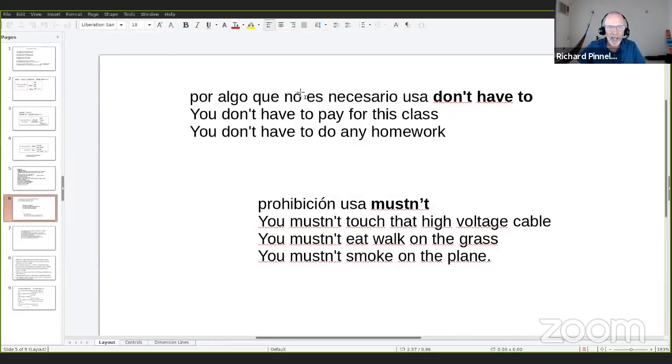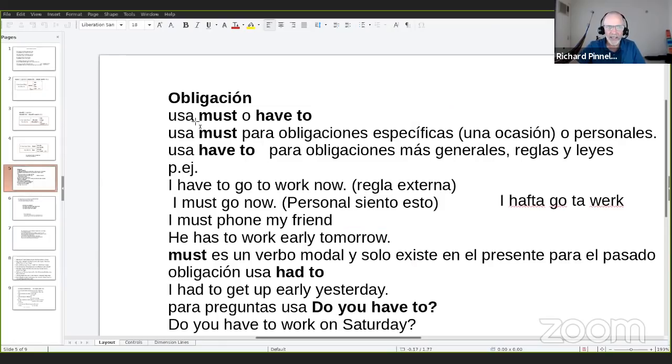Ahora vamos a hablar del negativo de have to. Y vimos aquí que must and have to son muy parecidos. I must go, I have to go, son muy parecidos. La verdad es que esta regla aquí puedes intercambiarlos en la mayoría de las situaciones. Son más o menos sinónimos.